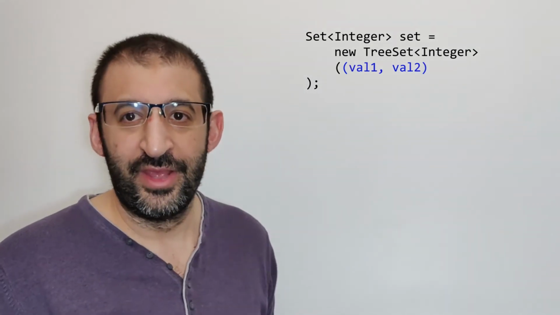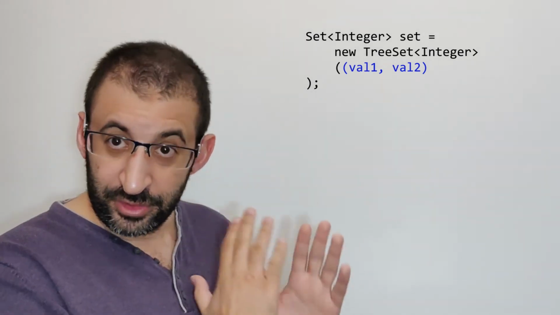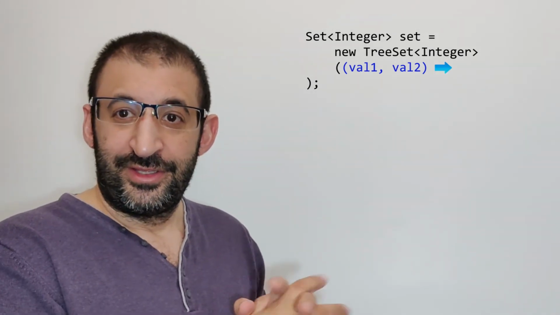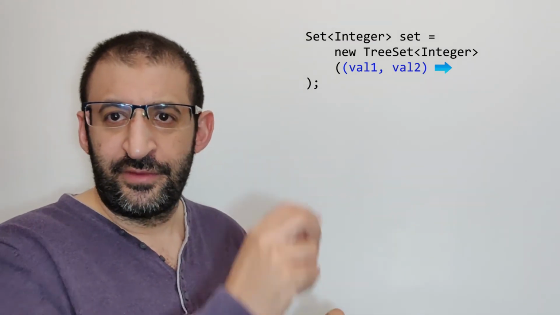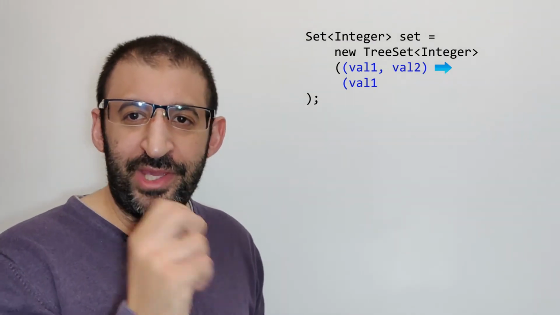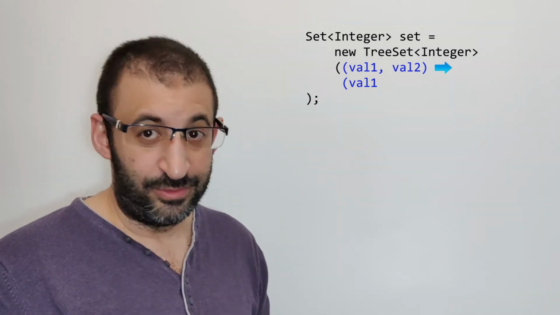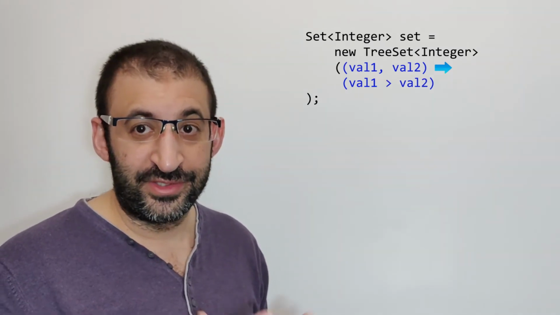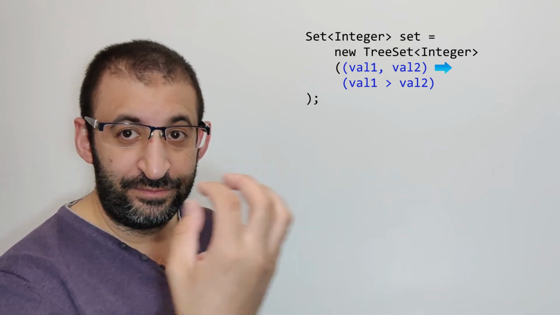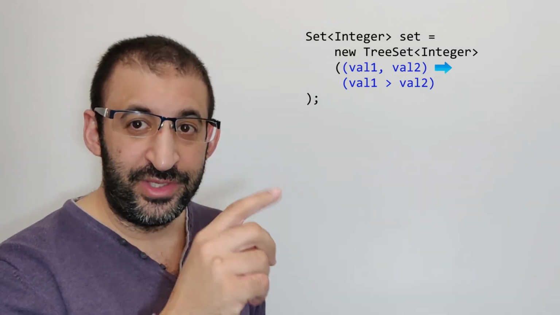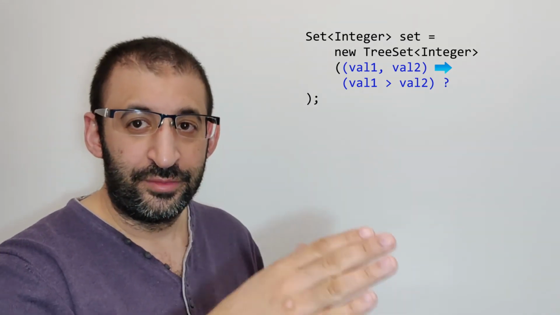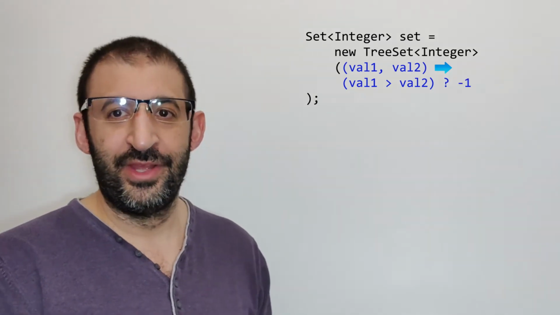Then a simple arrow. I make an if directly: if value1 is bigger than value2, and I want descending order, so value1 will come before value2, I return a negative value, -1.